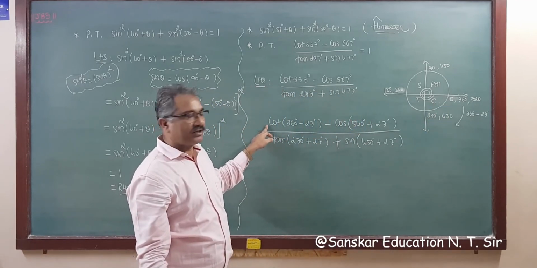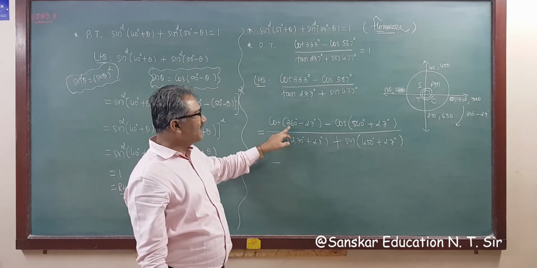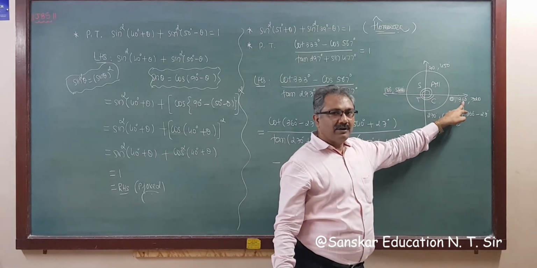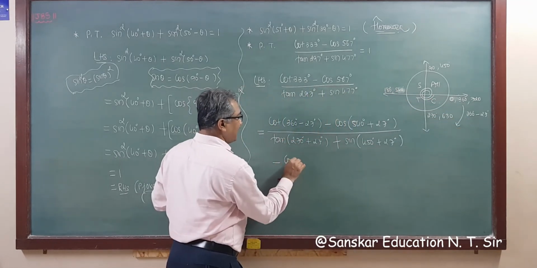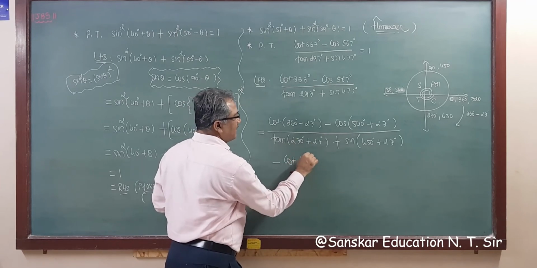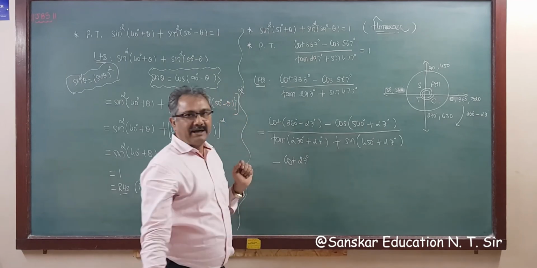This is cot, so this is negative. 360 is a horizontal line, no change. So the function remains the same, that is cot, and the angle is 27 degree. So minus cot 27 degree, right?